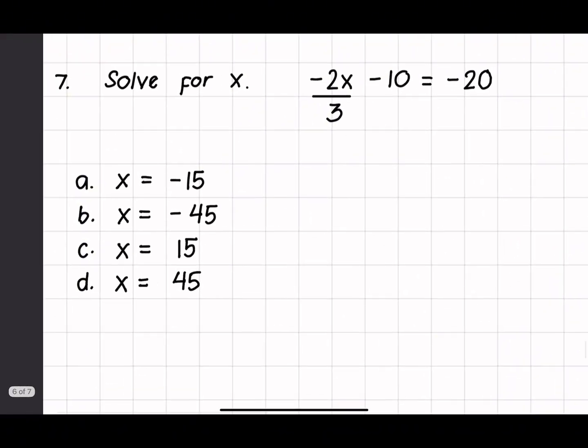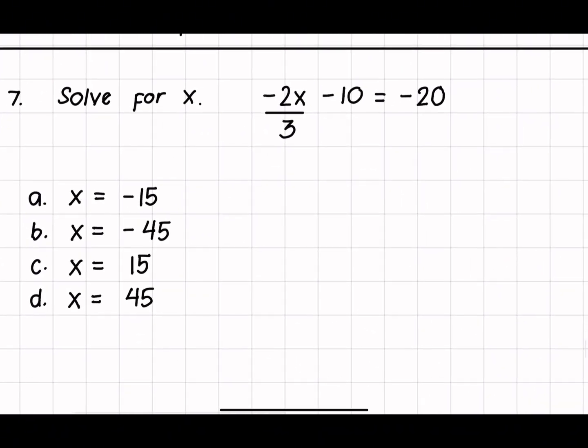Next, number 7. Solve for x in the given equation negative 2x/3 minus 10 is equal to negative 20. So in order to solve for x, we have to eliminate negative 10. So the opposite of negative 10 is positive 10. So I'm going to add 10 to both sides of the equation.